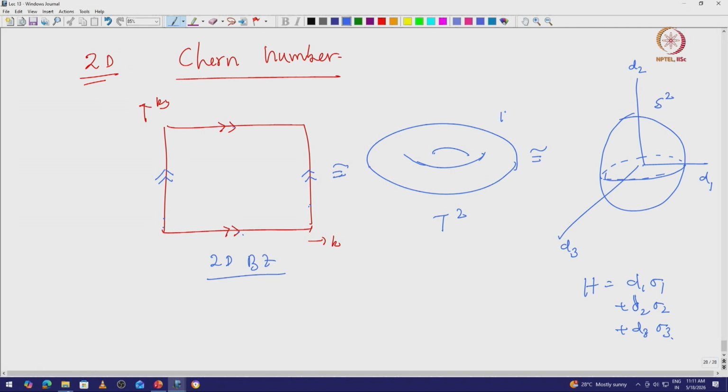So, this torus will be homeomorphic to S2 in the Hamiltonian parameter space, and this is called the Bloch sphere. So, the eigenstates are now denoted by all the points on this constant d sphere, and this is called the Bloch sphere. All the eigenvectors will correspond to these points, and d equal to 0 will again be a degenerate point.